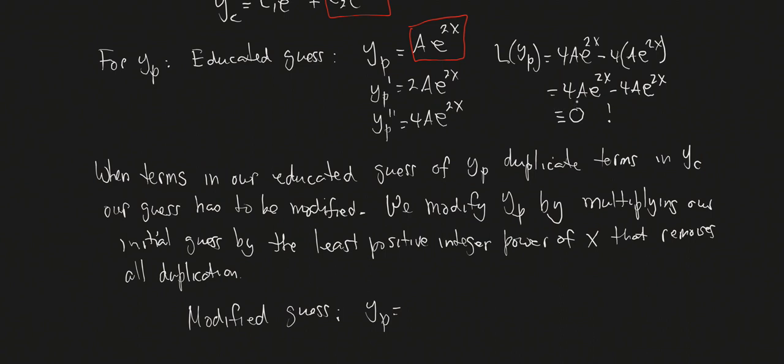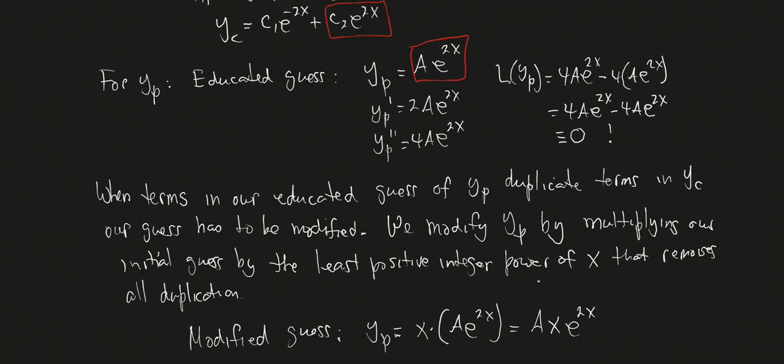I don't want it to be annihilated. I want it to give me the output that we want here, 20e to the 2x. So we're going to modify it by multiplying this by x. So it's basically x times a e to the 2x. So now putting it all together, I have a x e to the 2x.